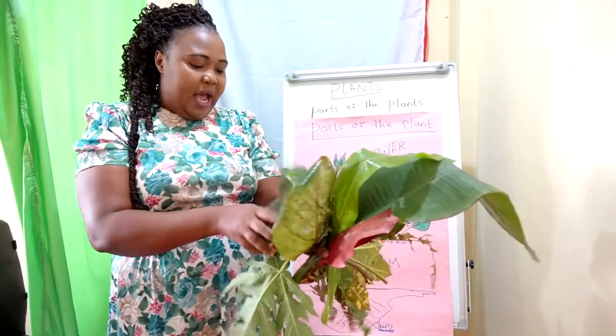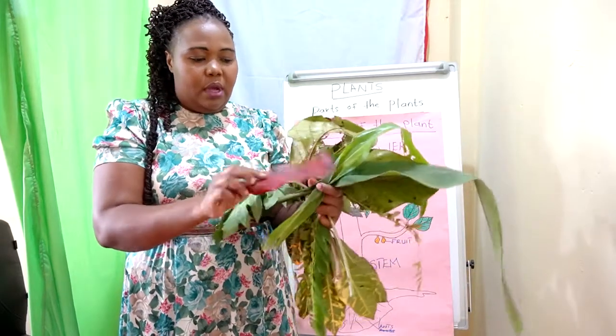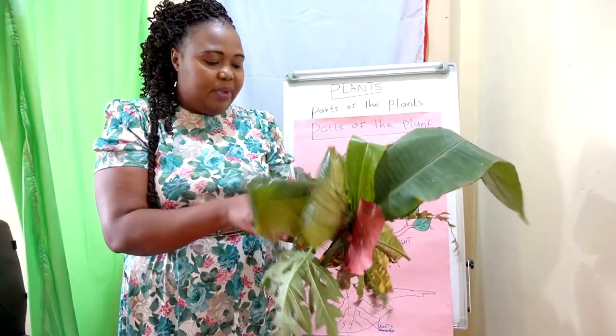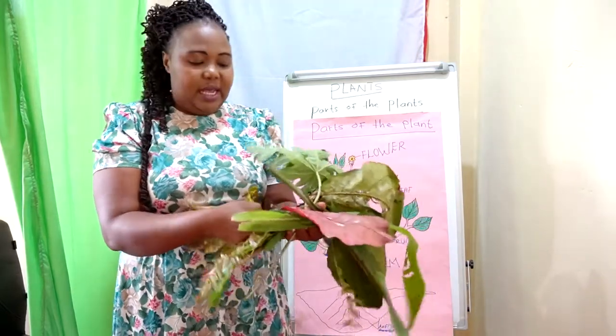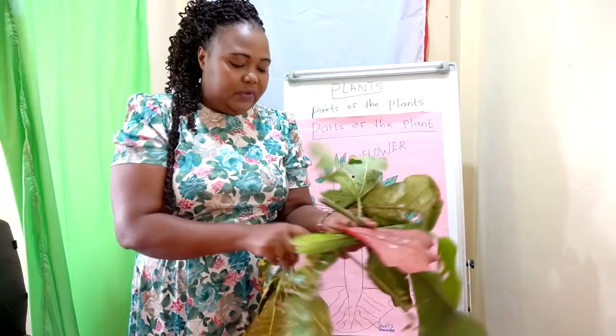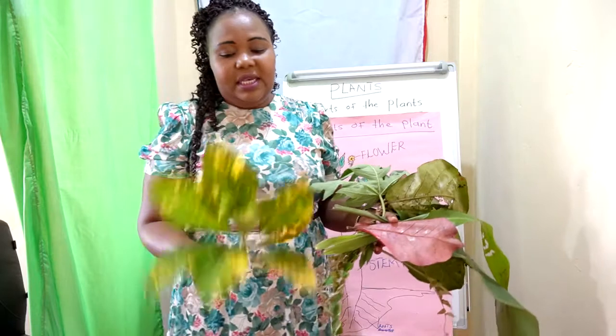For you to learn more about leaves, you can just have a walk around your home. Try to look at the different plants, and you will find that they have leaves of different colors and even sizes.